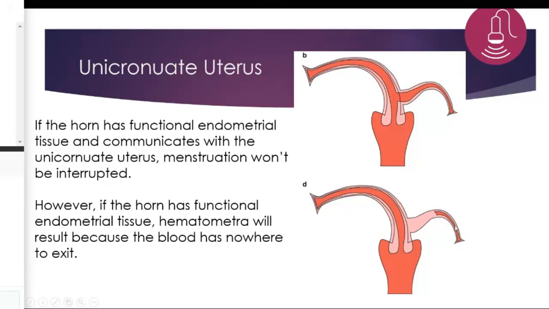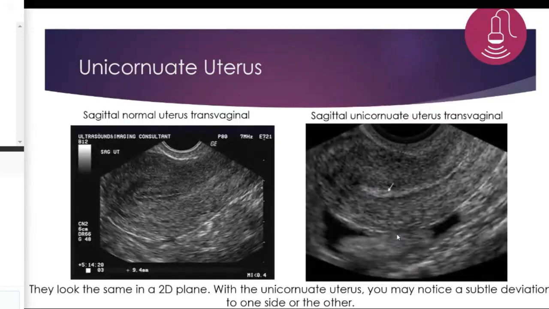So if this patient's menstruating, the blood is just going to back up and back up and back up until this patient is in pain or they feel a palpable lump in their abdomen. So this can be fixed with surgery. Can open that rudimentary horn into the main canal there.